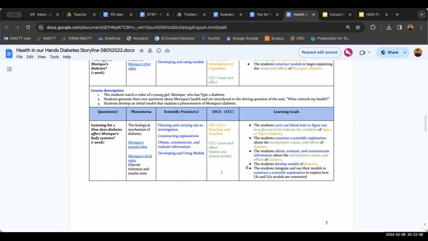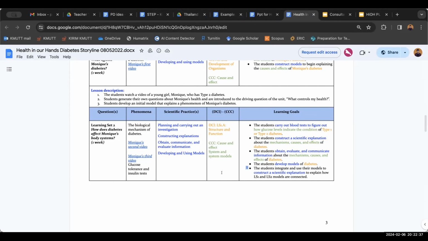The person has to drink a sugary drink, and then every 30 minutes, over a certain amount of time, they test the blood and measure. The students are given how a normal person's body would react, and then they are given this other person where they have to graph the results.